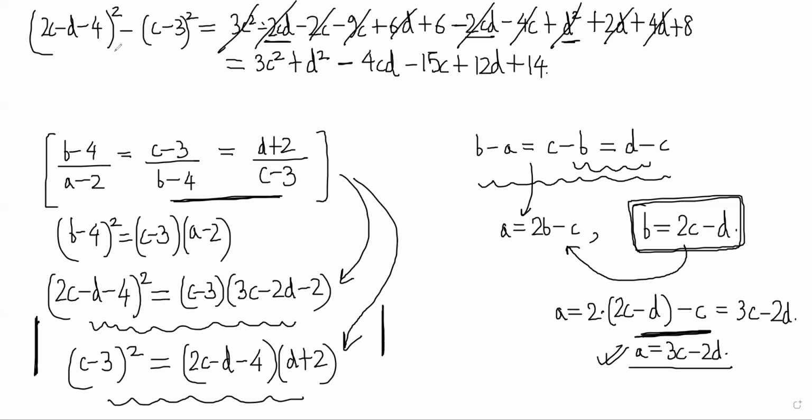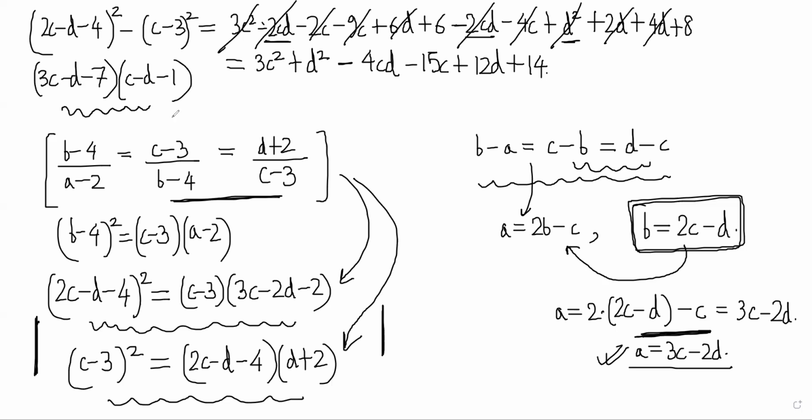On the left hand side, I can use the formula a square minus b square. So I will get (3C minus D minus 7) multiplied by, when you subtract, you get (C minus D minus 4 plus 3), so minus 1. This is what I'm getting on this side.